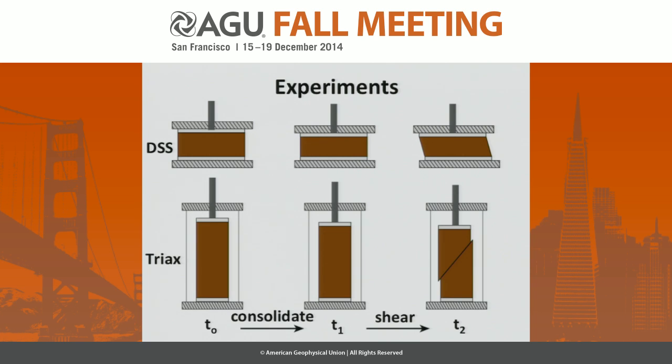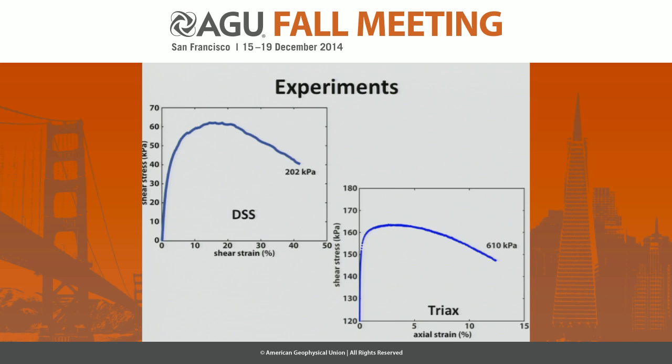So here we jacket our sample. We again uniaxially consolidate it to the stress level that we want, and then we apply an increase in axial stress and measure the shear stress that drives a localized failure as opposed to a distributed failure. So starting to think about how retrogressive scarps might behave versus internal deformation within the slides.